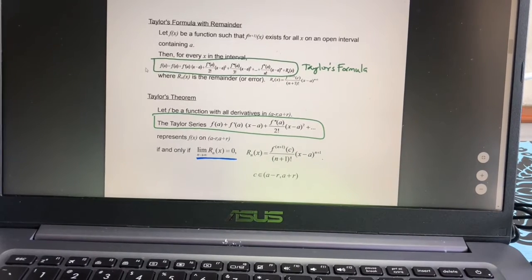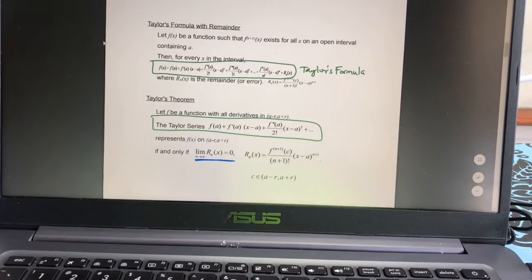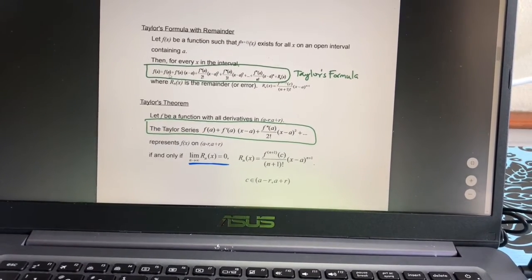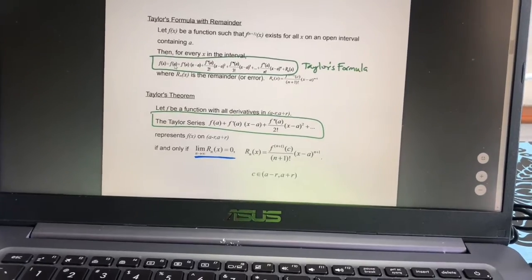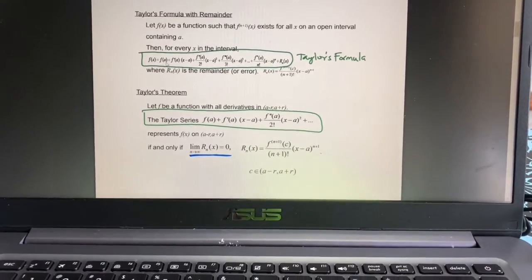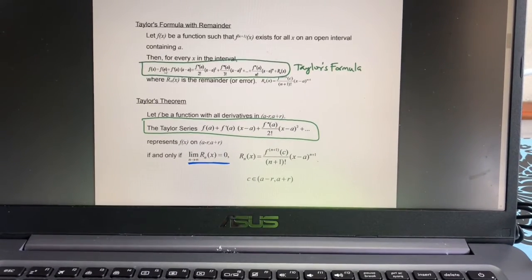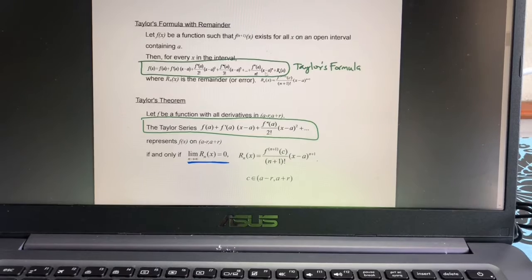You can see that this is the general Taylor's formula. So the difference is the a. For Taylor's, a can be any kind of point. However, for Maclaurin's, a will be 0.